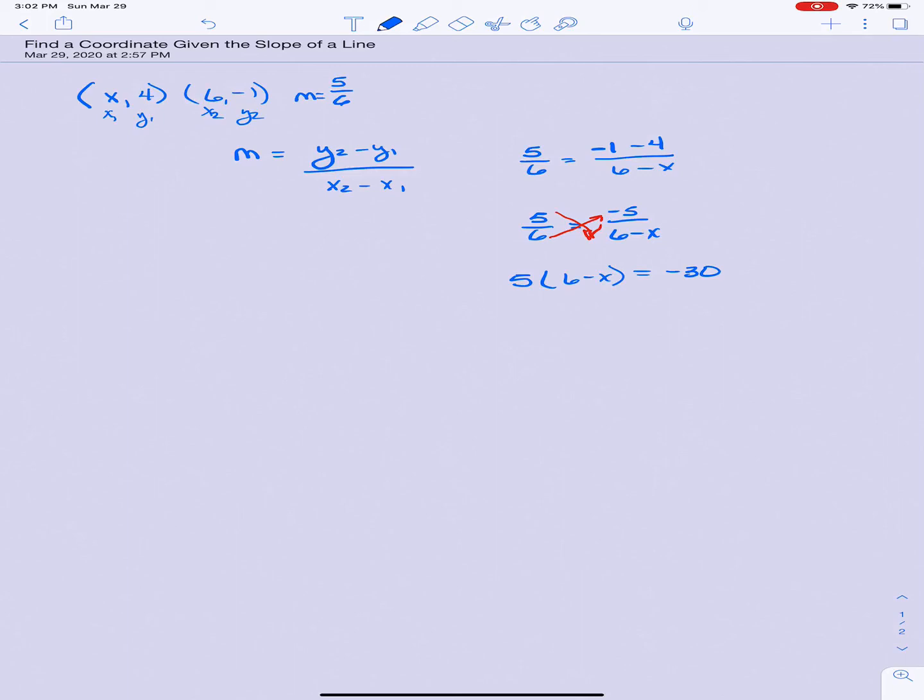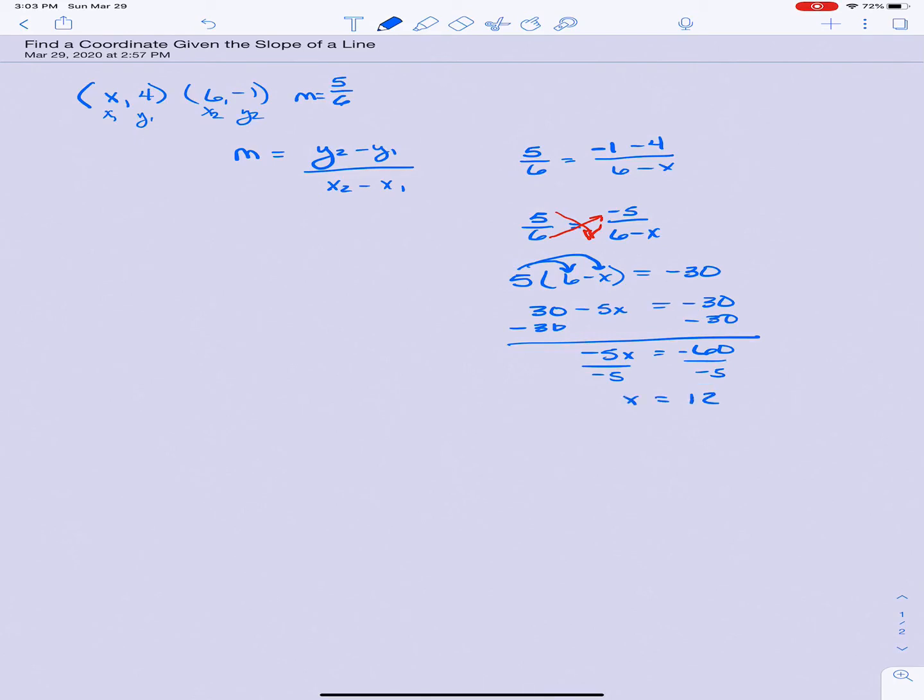We're going to do the distributive property. So we're going to get 30 minus 5x equals negative 30. And then we're going to solve this two-step equation. Subtract 30, subtract 30, negative 5x equals negative 60. Divide by negative 5. And so x equals 12.